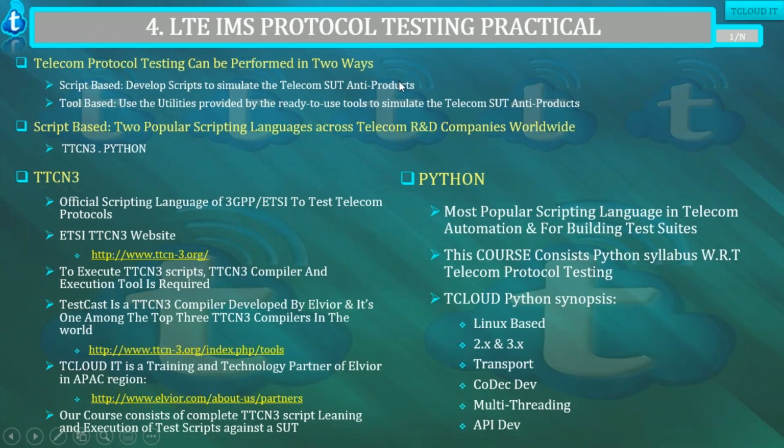So, that is script-based protocol testing. The second mechanism is tool-based protocol testing, where you don't need to write even a single piece of script. Some companies develop these tools. The tools will be able to run the test cases on their own. Only thing is, you need to install the tool software, and you just click here and there and run a test case.